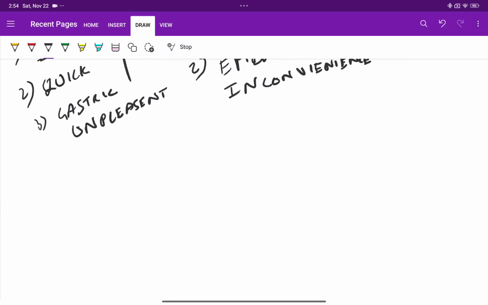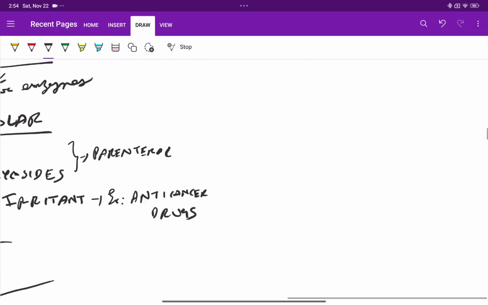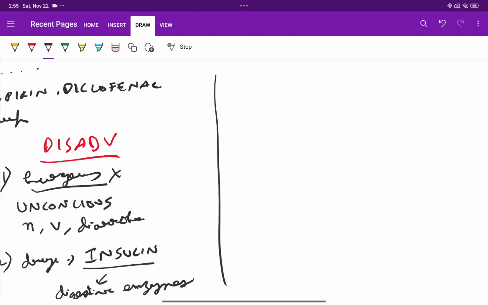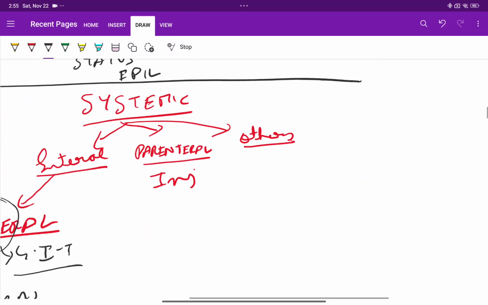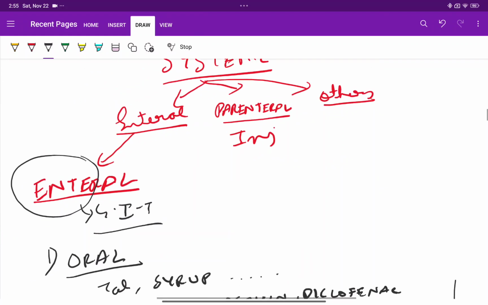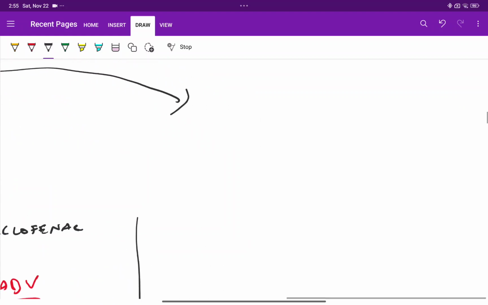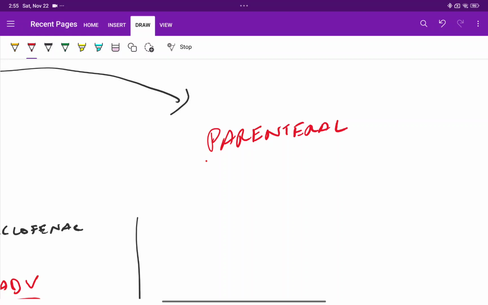Next, we will talk about the parenteral. We now discussed the enteral route. In the enteral route, we have oral, sublingual, and the rectal. Now we will discuss the parenteral route of drug administration.